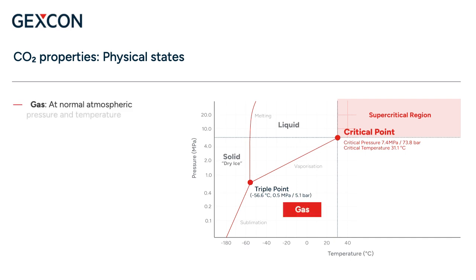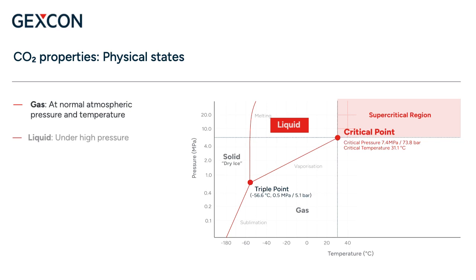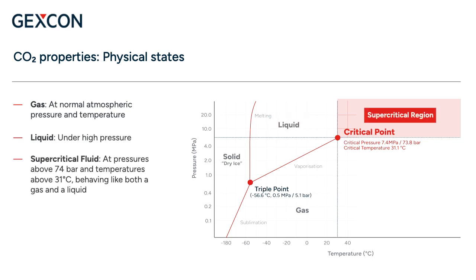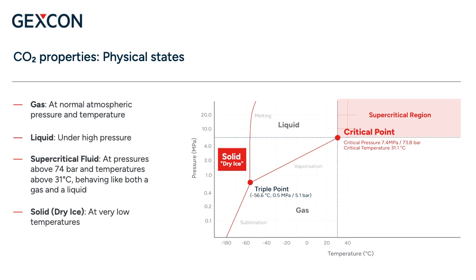First, we have gas at normal atmospheric pressure and temperature, liquid under high pressure, as a supercritical fluid at pressures above 74 bar and temperatures above 31 degrees Celsius, where it behaves as both gas and liquid. Finally, CO2 can also exist as a solid at very low temperatures, forming what we commonly know as dry ice.